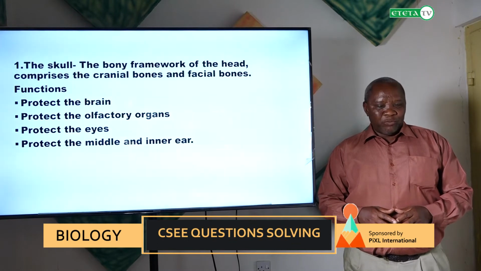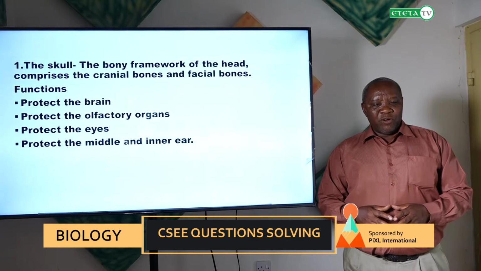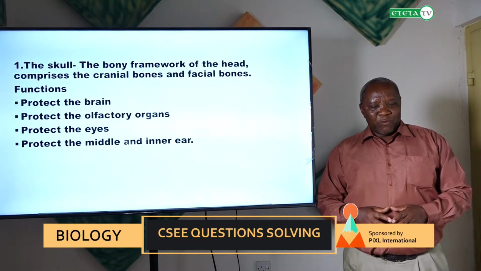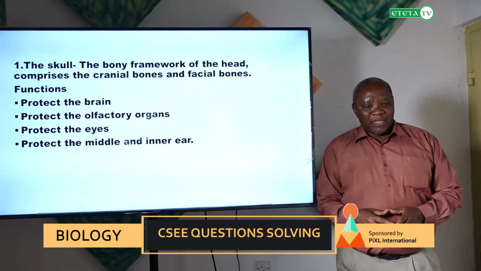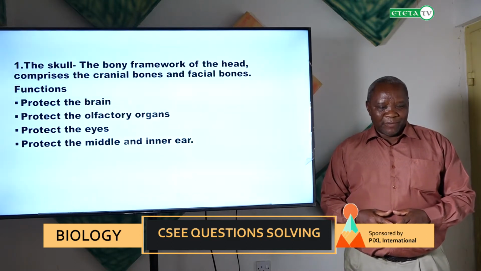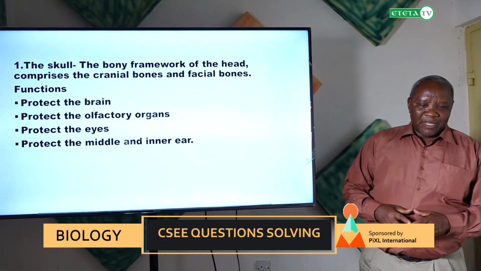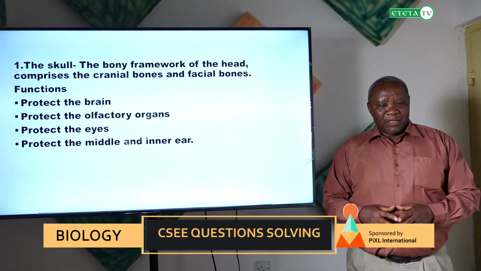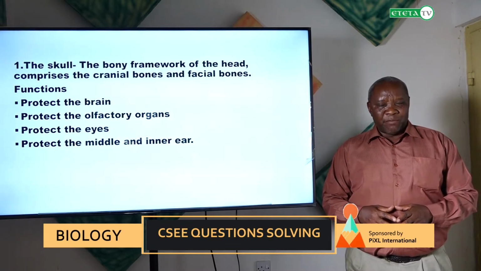Let us look a little bit at the skull. The skull is the bone framework of the head. It comprises the cranial bones and the facial bones. This part of the axial skeleton performs the following functions. One, it protects the brain.